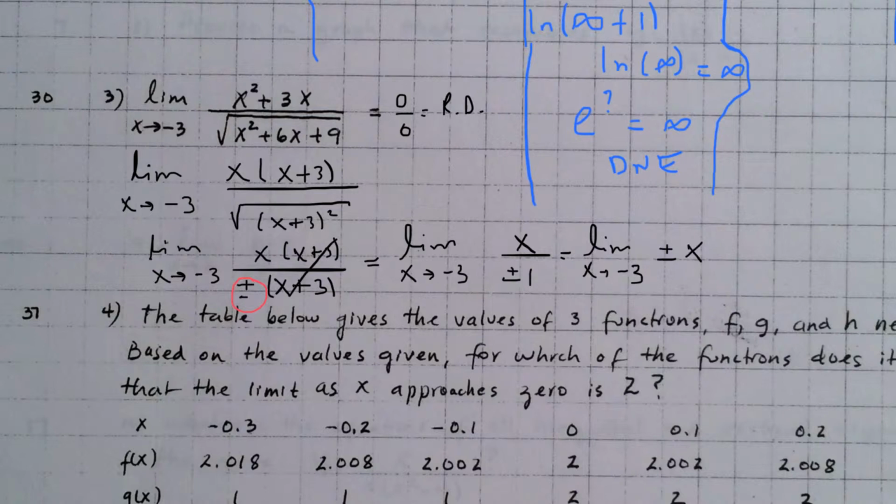That's what you get when you divide x by plus or minus 1. And now you can finally plug in the -3 and you'll get plus or minus negative 3. But plus or minus negative 3 is just plus or minus 3 anyway. And the thing to keep an eye on is that you have two answers, and a limit cannot have two answers. So the answer to all this removable discontinuity is that the limit does not exist.